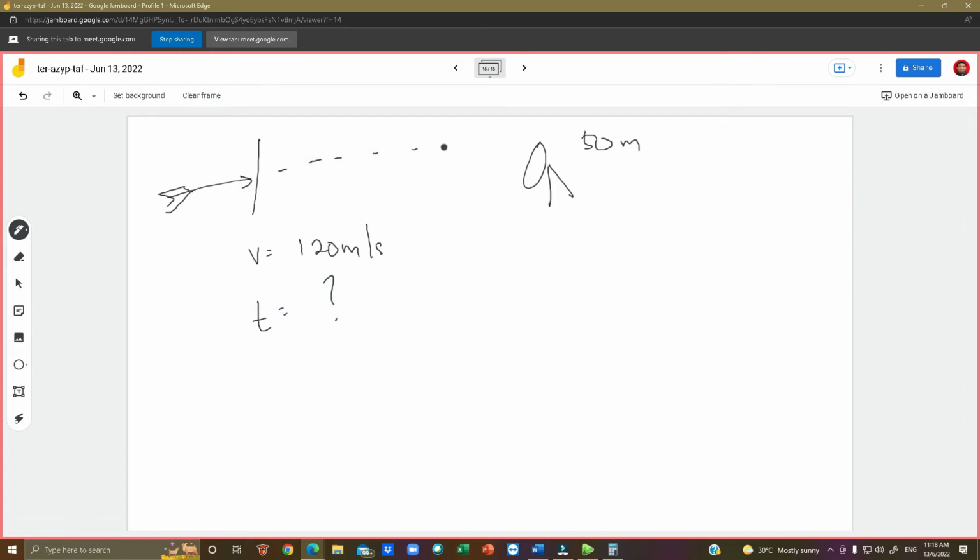How much time for this arrow to hit the target? You are going to use the same equation, d over t, where we have 120 over 50 t. So what is t? How much is t?